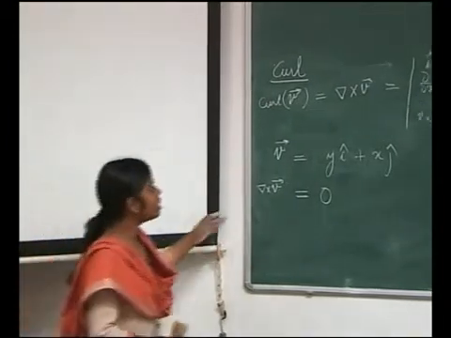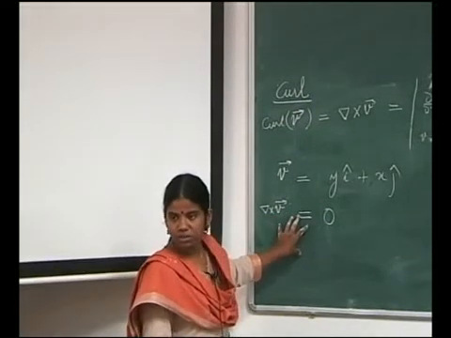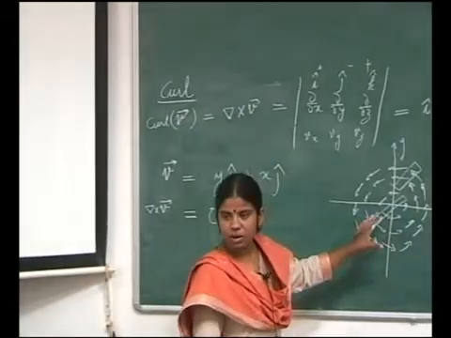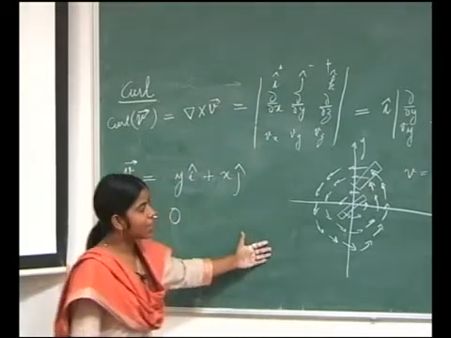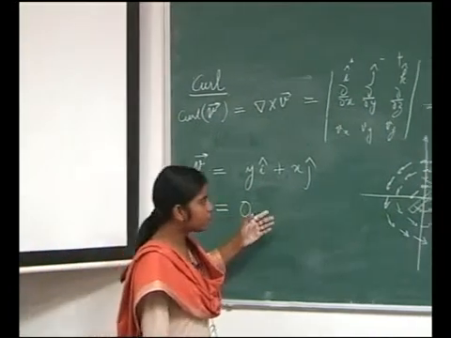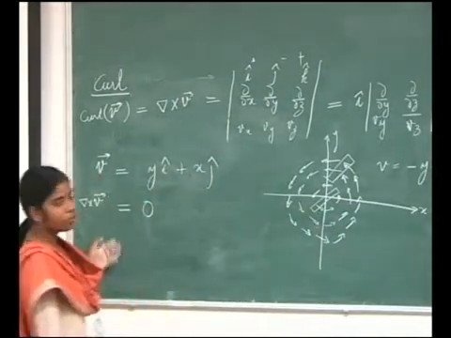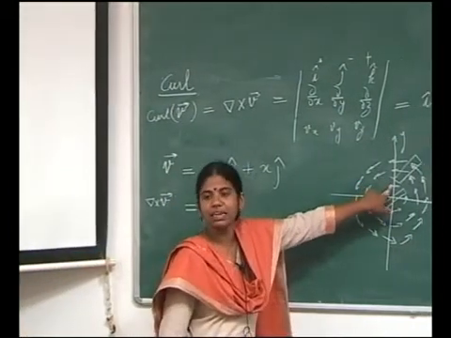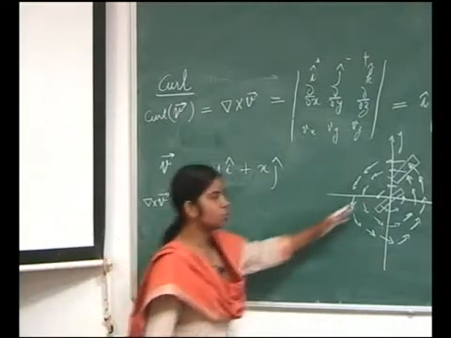So it means curl, gradient and divergence are important, and we have to understand their physical significance. When I have a vector field, say an electric field or a magnetic field, and I take the curl, what actually is going to happen? You should be able to form a mental picture that if a charge is placed in that electric field, how that charge is going to behave, what kind of force it is going to see.